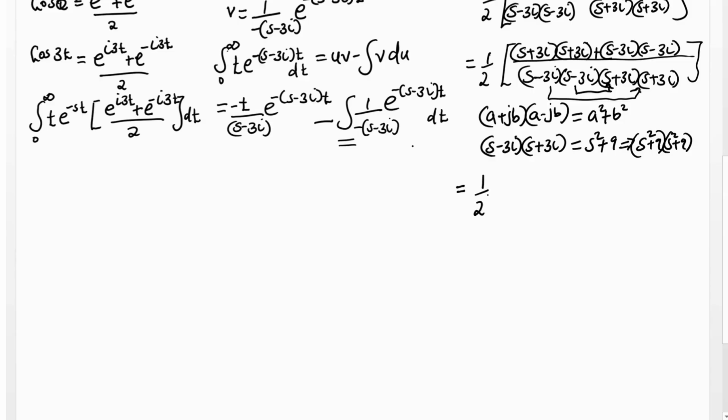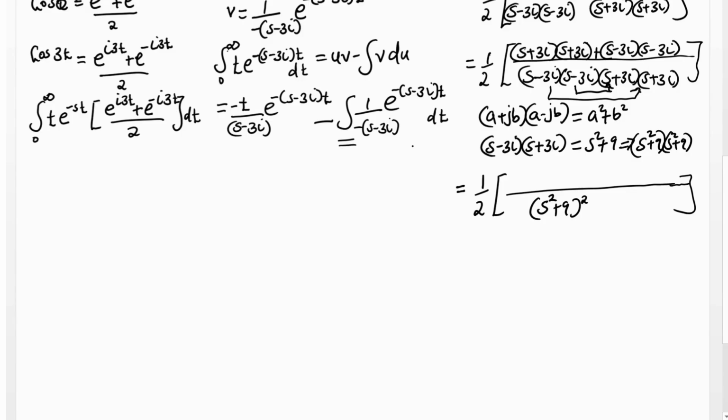We have it as a half into, we need to pre-multiply our numerator. Our denominator is s squared plus 9 squared.